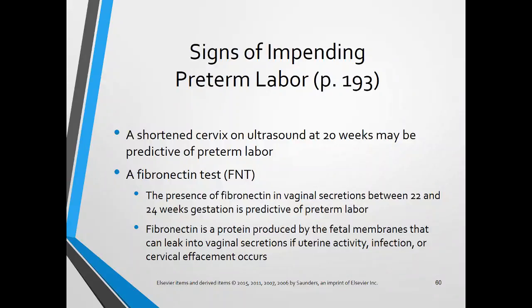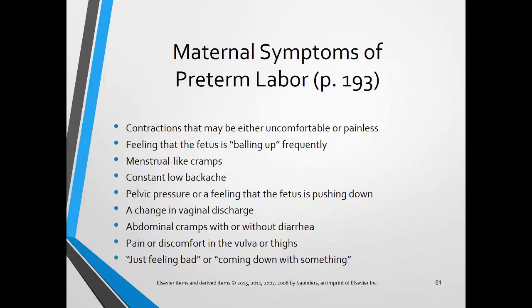Someone who is negative for FFN pretty much means that they're most likely not going to go into preterm labor. So some signs and symptoms: contractions that may either be uncomfortable or painless. They may just have cramping, constant lower backache, or they may just feel bad or like they're coming down with something.